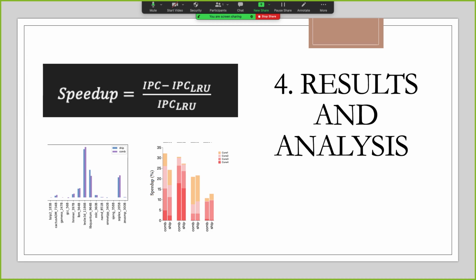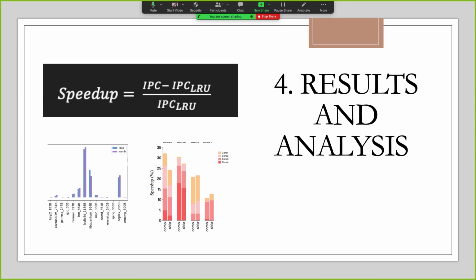But for the last mix 3 and mix 4, our algorithm is slightly worse than SHiP, and we think this occurs for some reasons. Maybe it's because SHiP is more adapted to the traits, such as libquantum on a single core, and the random sampling for SHCT makes the results less robust. So that's the reason why we have worse performance than SHiP.